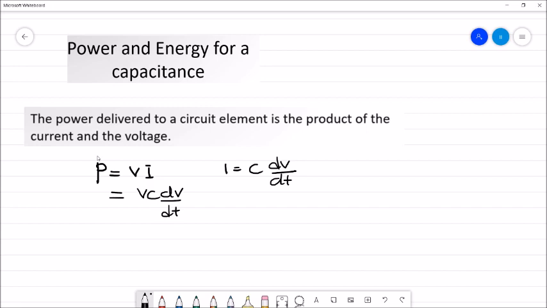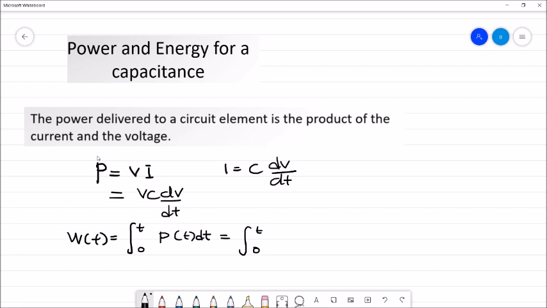Okay, and then in order for you to determine the energy, W(t), you need to integrate from 0 to t, p(t) dt. We do that integration of p(t).